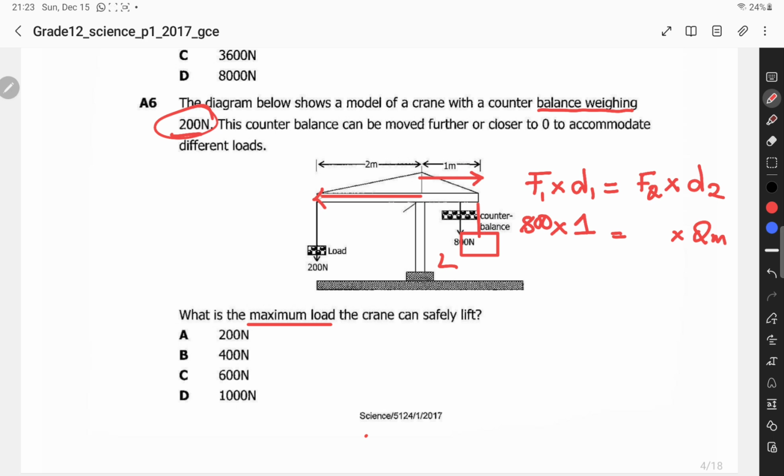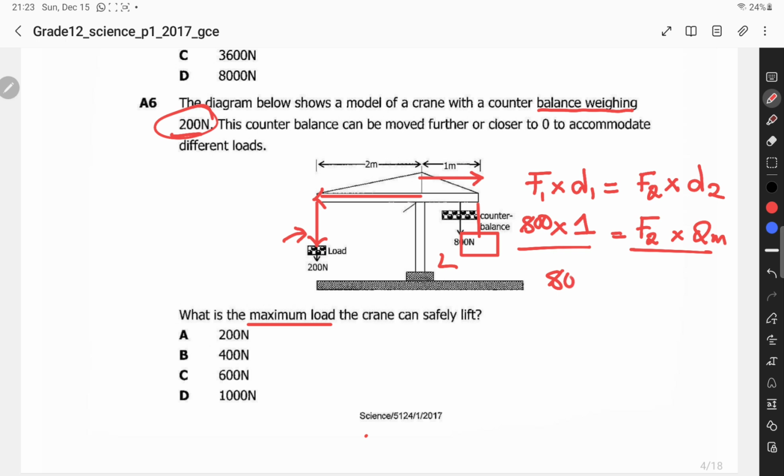See, the load that will come out this side has to be the maximum it can support, because at this point, whatever the load here is, that is what will ensure equilibrium here. So we want to find out what F2 here must be, so that when you multiply this compared to this, you get the same thing.